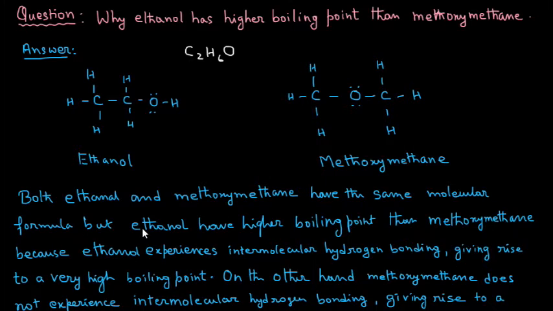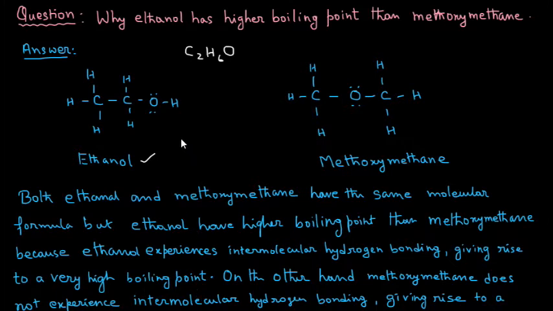So both have the same molecular formula. But ethanol has a higher boiling point than methoxymethane, because ethanol experiences intermolecular hydrogen bonding, giving rise to a very high boiling point.